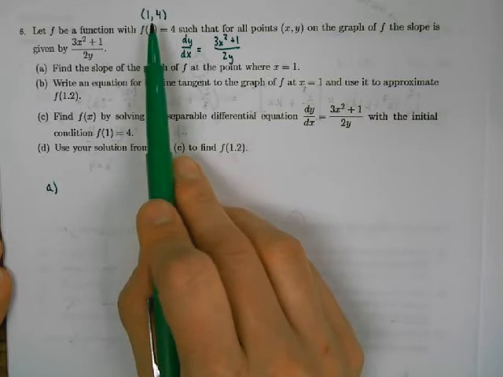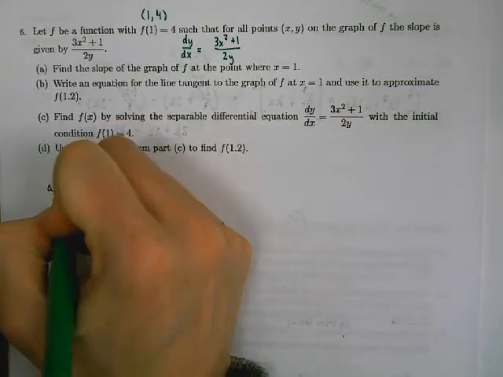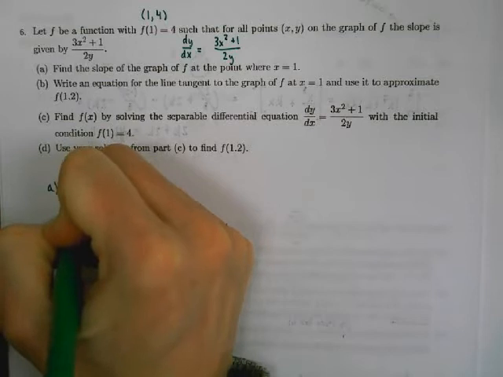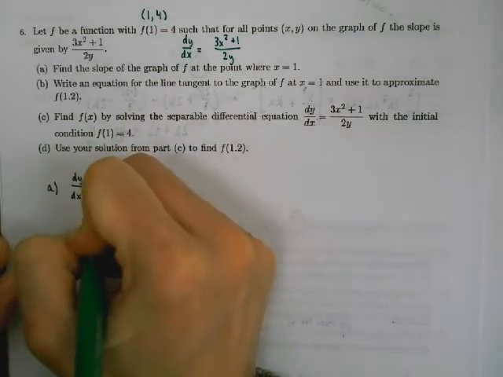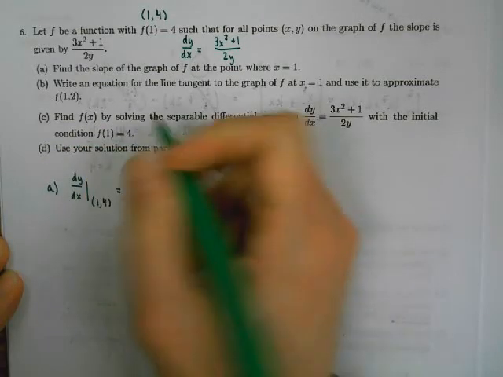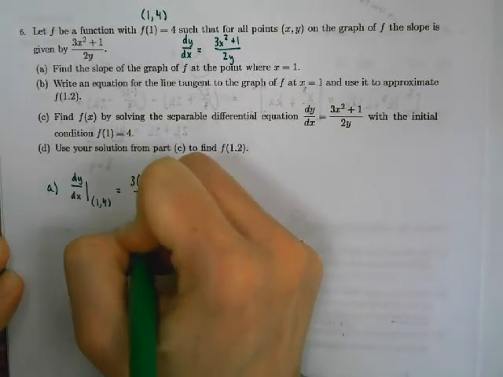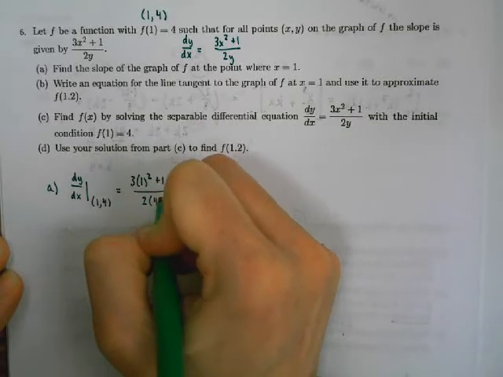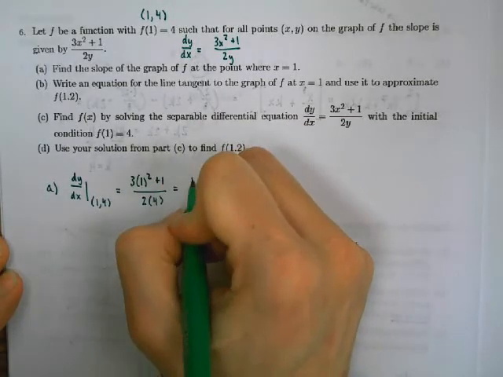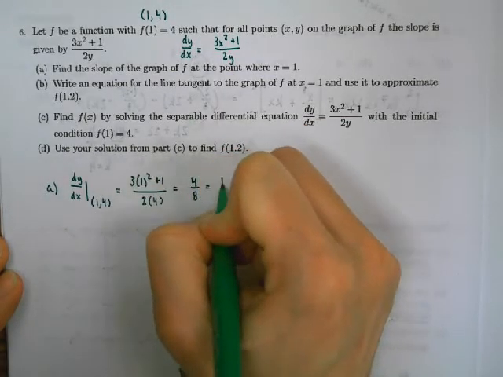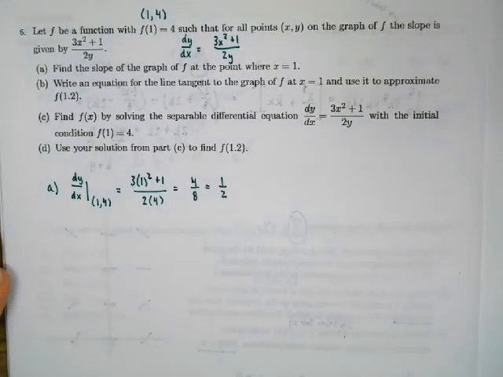So we're using this point (1, 4) to figure out the slope. I'm going to calculate dy/dx at the point (1, 4). That gives us 3 times 1 squared plus 1 over 2 times 4. So 4 over 8, or 1/2, is our slope at that point.